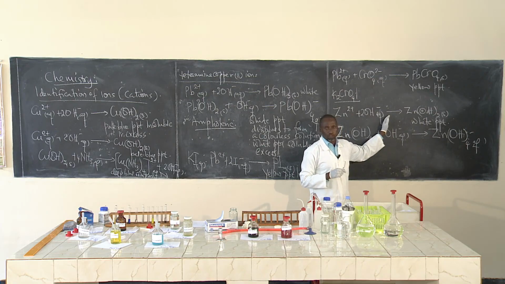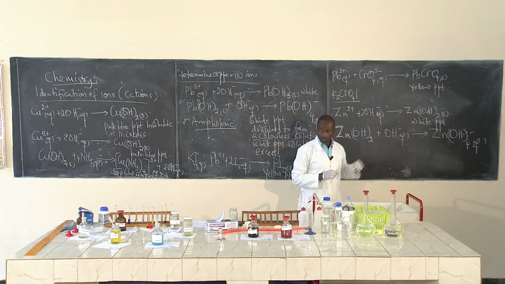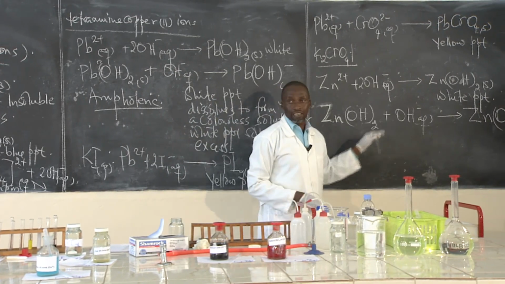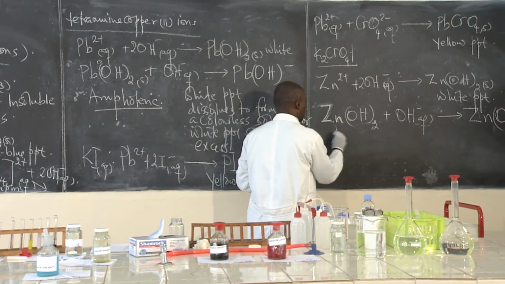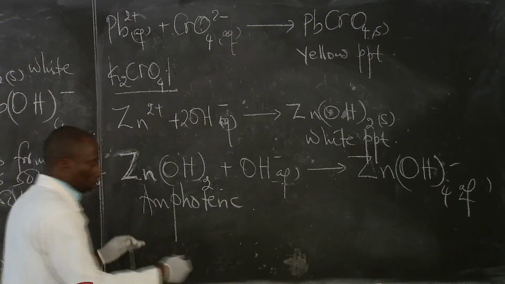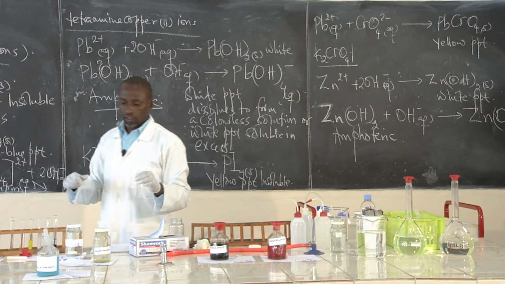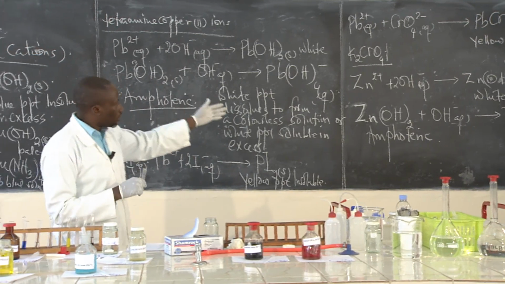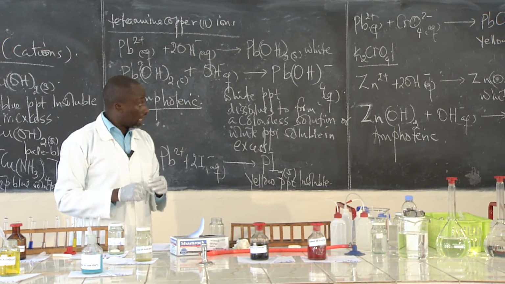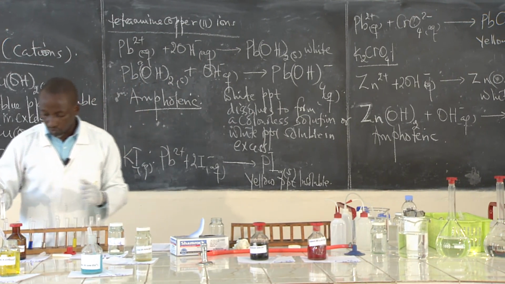The same applies to zinc. So lead 2 hydroxide and zinc hydroxide are both amphoteric.